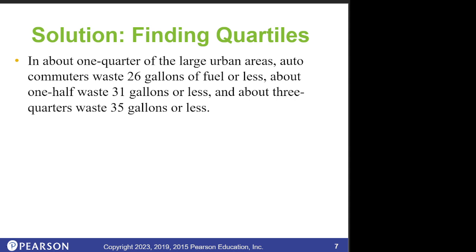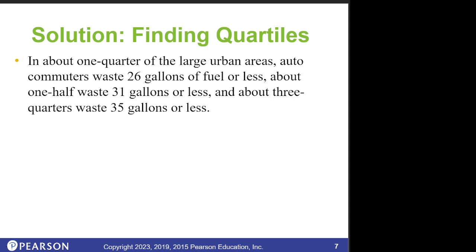And so, 1/4 of the people in large urban areas waste less than 26 gallons of fuel. And about halfway, 31 gallons or less, and 3/4 waste 35 gallons or less. And so that's what the interquartile range does for us.